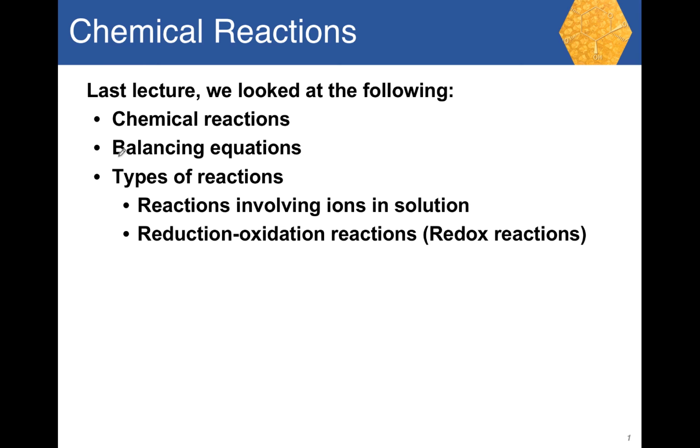And next we looked at balancing equations or reactions, which means that on the left side of the reaction, the type atoms and number of atoms must equal the type atoms and number of atoms on the right side, which is the products.